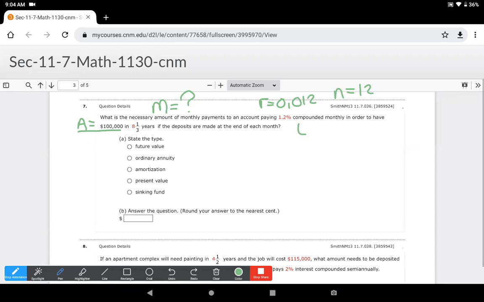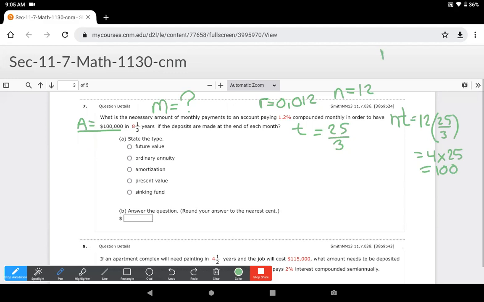So I'm going to represent T as an improper fraction. So 8 times 3 is 24, plus 1 is 25. So 25/3. Because we have to multiply n times t, right? Which will cancel in this form to be 12 times 25/3, or 100, right? So n times t is 100. And that's the only time we use t anyway.